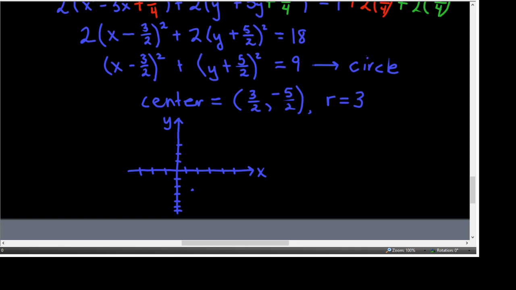Then from that center point, we're going to go up 1, 2, 3. To the right, 1, 2, 3. To the left, 1, 2, 3. And down, 1, 2, 3. Well, you can tell because my Y and X scales are different, this won't really look like a circle.